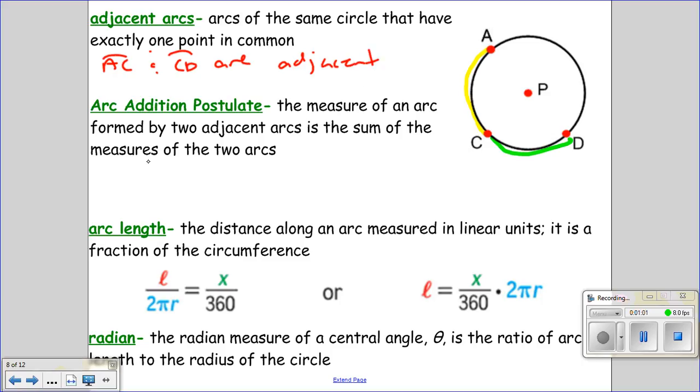Adjacent also means next to. And again, they share one point, only one point.